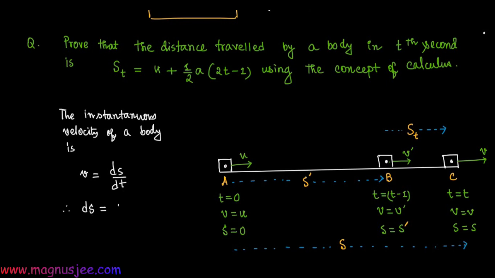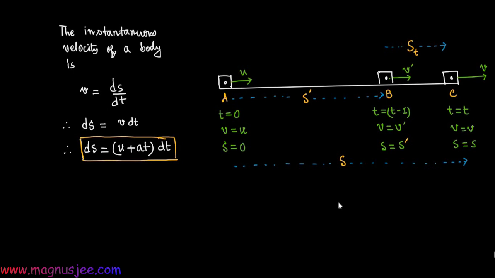Therefore ds is equal to v dt. Since v equal u plus at, we get ds equal to (u plus at) into dt. ds is the small change in displacement of the body.